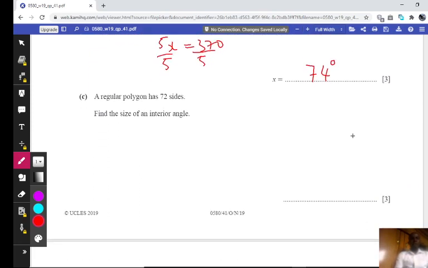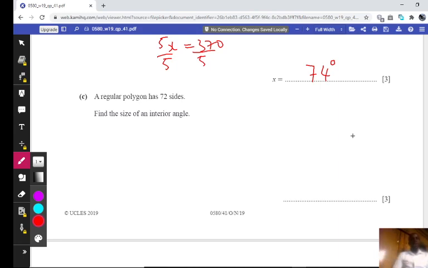Next part. A regular polygon has 72 sides. Find the size of an interior angle. Please take note. What you want is one angle, because it's one interior angle. Take note of angle and angles.